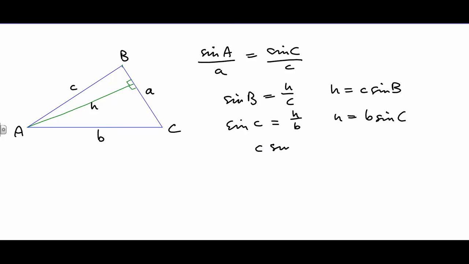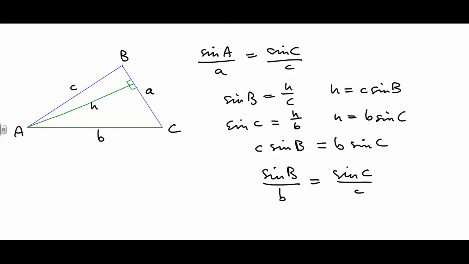c sine B is equal to b sine C, and dividing through both sides by cb, we have sine B over b equals sine C over c.